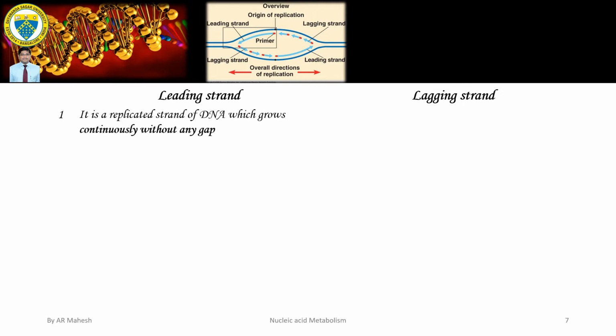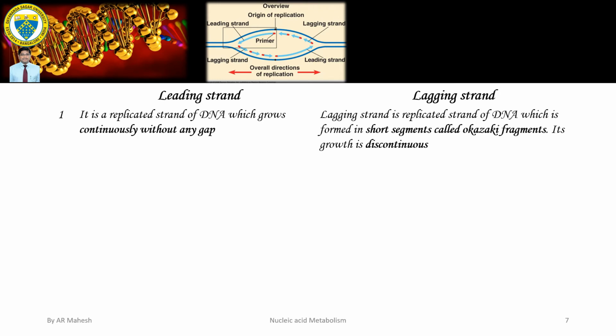Leading strand: it is a replicated strand of DNA which grows continuously without any gap. Whereas lagging strand: it is a replicated strand of DNA which is formed in short segments called Okazaki fragments. Its growth is discontinuous.